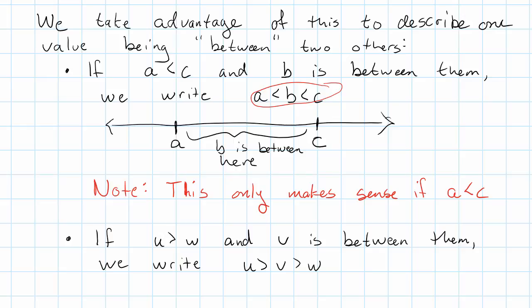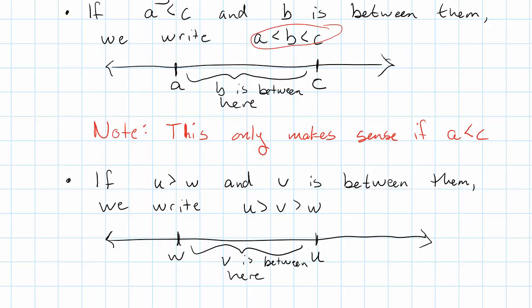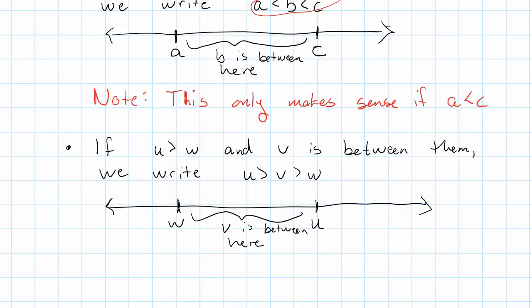If U is the larger number and W is the smaller, and V is a number that's in between them, we write that U is greater than V is greater than W. So this is describing a picture that looks like this. W is on the left, U is on the right, and V is in between them. Again, this only makes sense if U is greater than W.